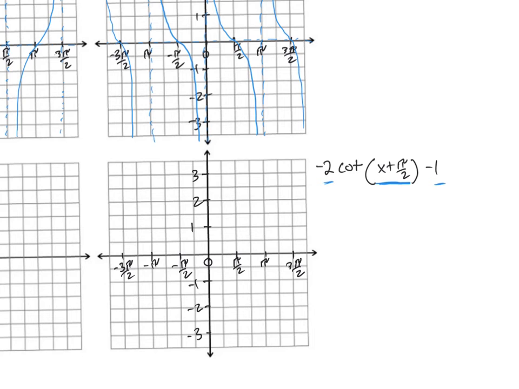That pi over 2 means the entire graph shifts left by 90 degrees. So all we have to do is worry about moving our asymptotes. Our asymptote, which originally was at pi, is now at pi over 2. So that's how we would do that.